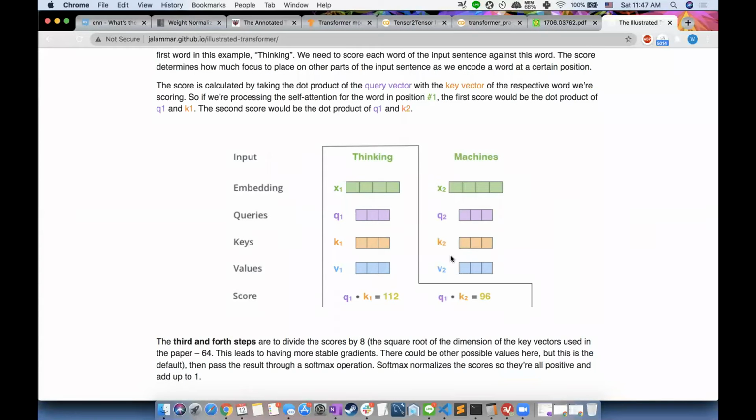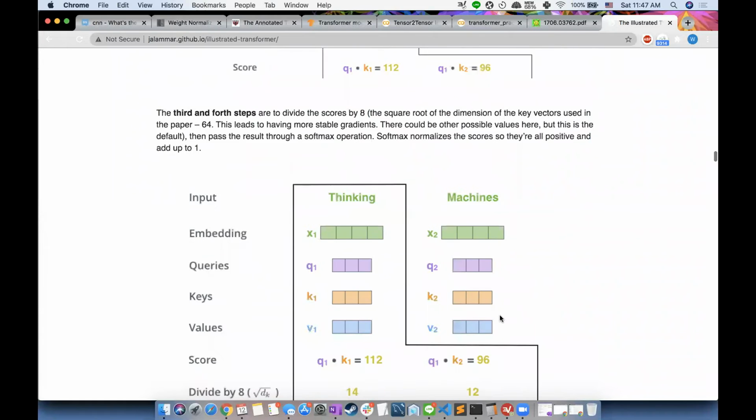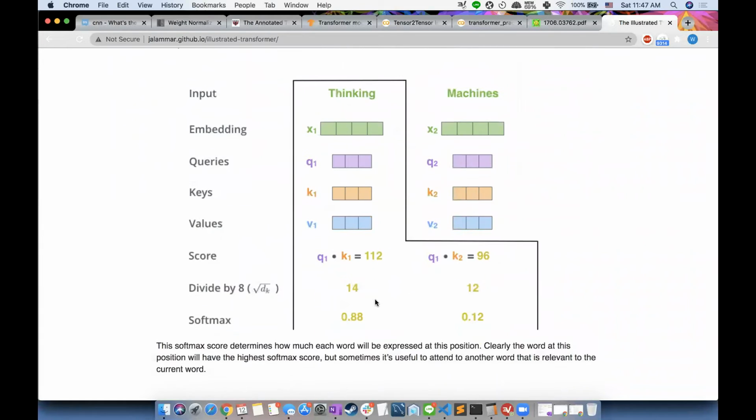We dot product Q1 K1, Q1 K2, Q1 K3, Q1 K4, and then we get a bunch of scalars, divided by 8, which is the square root of your key vector's dimension.